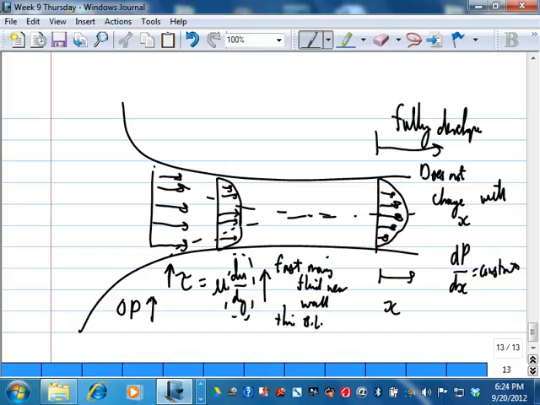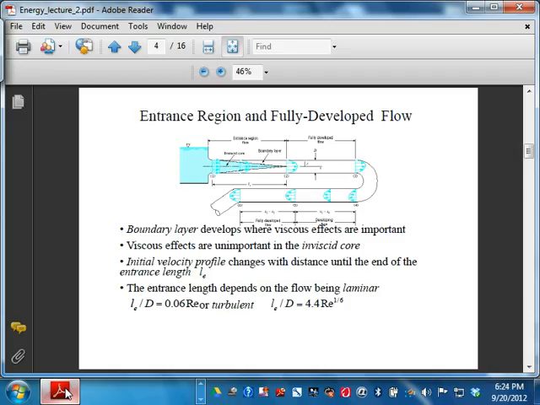So for the entry region, do look at this slide, because I'm not going to write everything from it. These numbers are also in your textbook. The entry region is not only where the flow enters, but if the flow goes through some accessory or some bend, then the flow is not quite steady yet. Then it takes a while to recover. That also can be called an entry region.